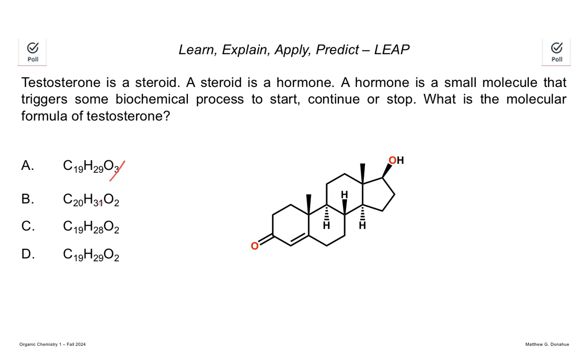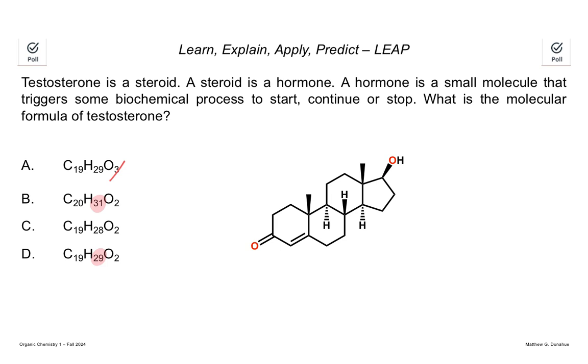So see these numbers here, 31 and 29. How would you describe those numbers? They're odd. And so it's getting to what you're saying. You can't have an odd number and divide by 2, because 2 is your definition of a degree of unsaturation.